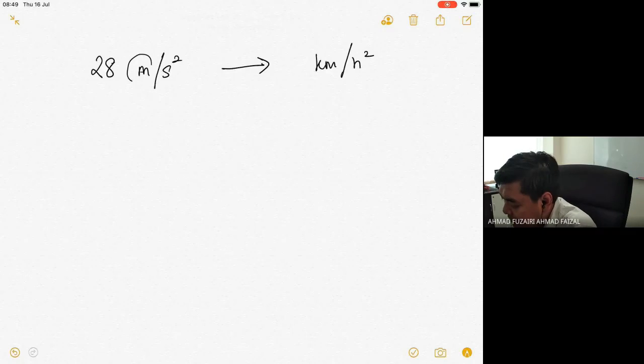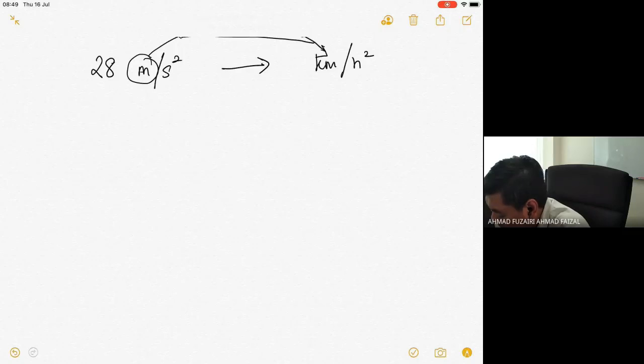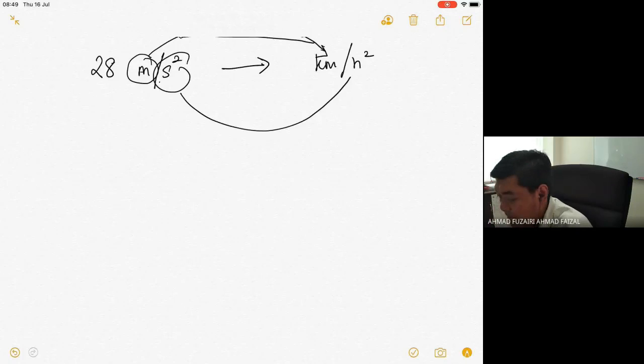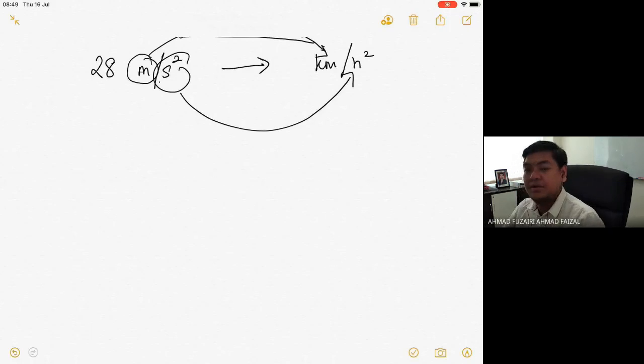Meter you want to convert to kilometer, while second square is for hour square, because meter to kilometer means length to length. Length cannot be converted to time. So that's a simple analogy.